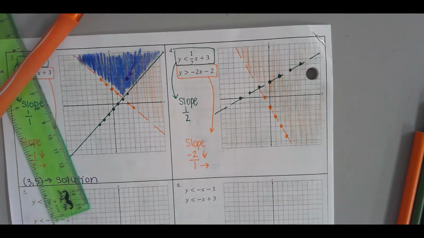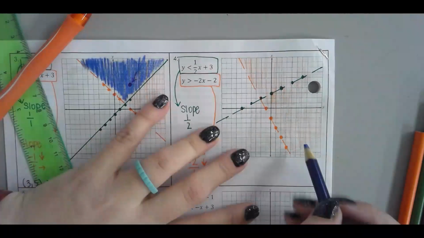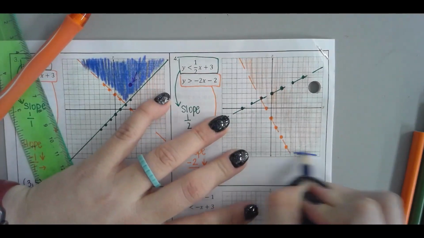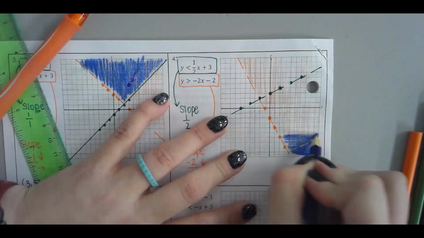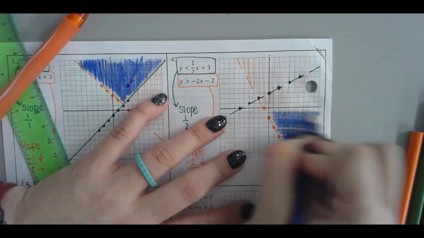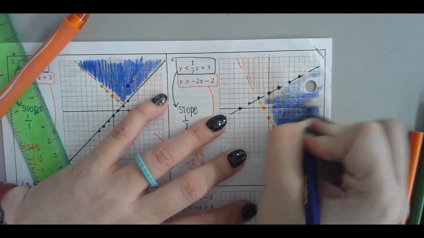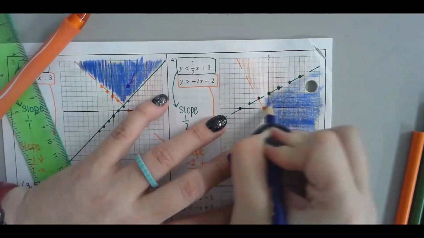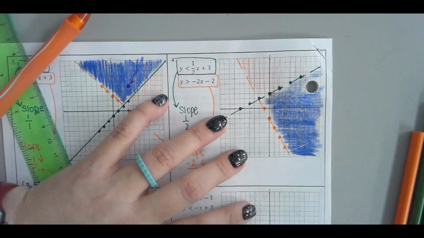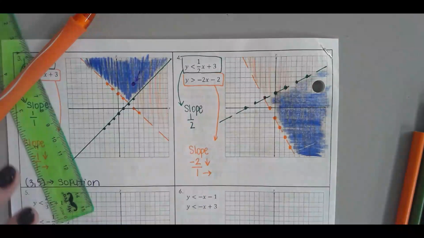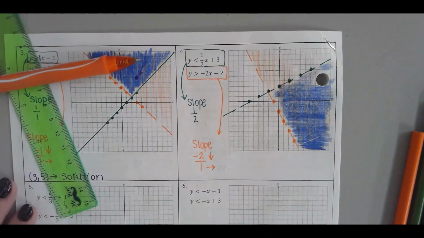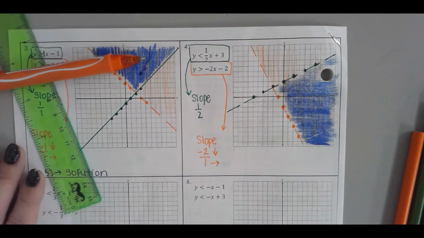And then if done correctly, the overlapping region is going to be this right here. I'm not trying to color it perfect, just trying to get my question answered.